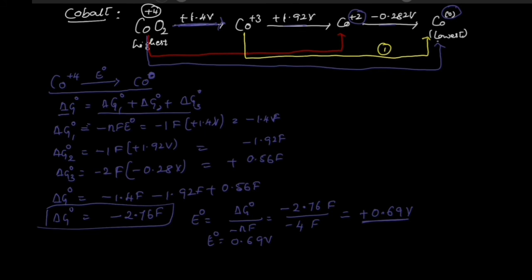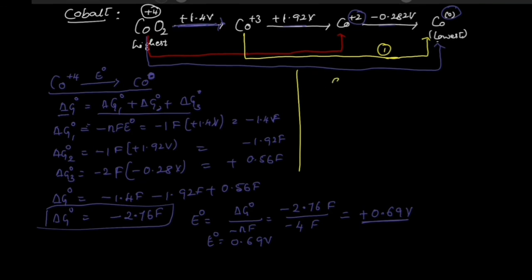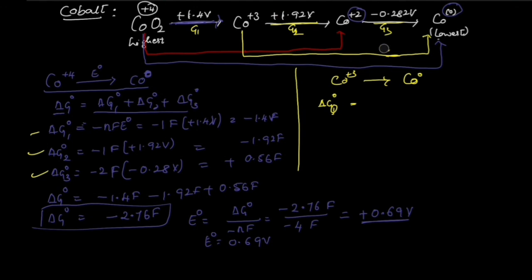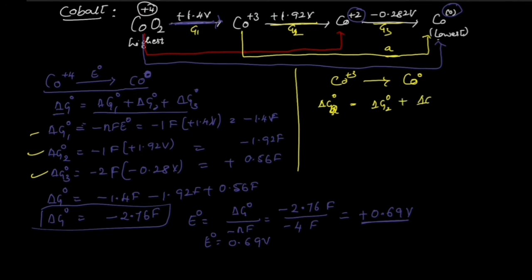In a similar way, you can find the value for the non-adjacent species. Like, we'll calculate the delta G naught value for this step, that means cobalt +3 to cobalt 0. So here, the delta G naught for this conversion, let me call this reaction A, will be equal to delta G naught value for the second and delta G naught value for the third.